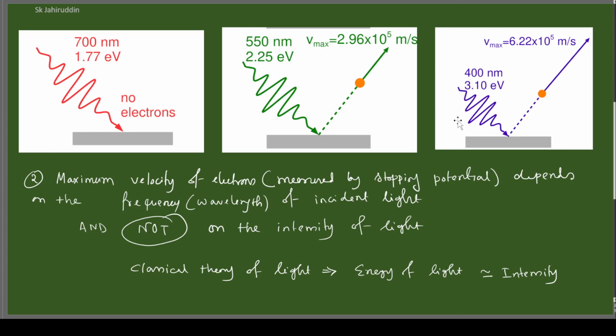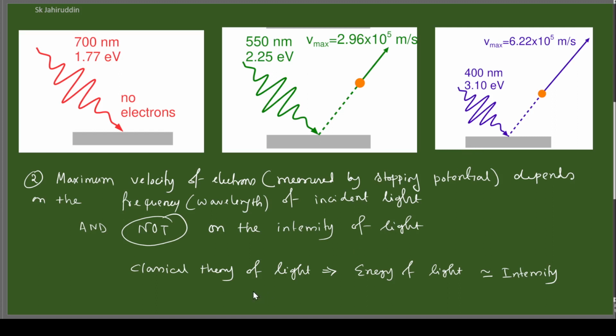If you give a dim light or a brighter light with the same frequency, the maximum velocity of the electron becomes the same. So the maximum velocity of emitted electrons depends on the frequency of light, not on its intensity.